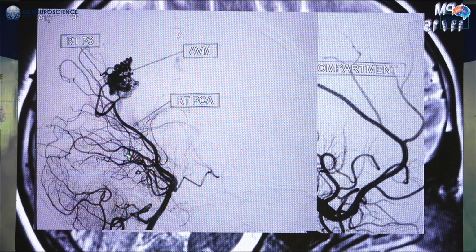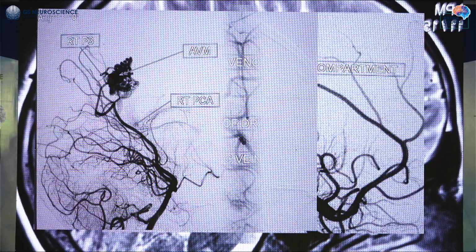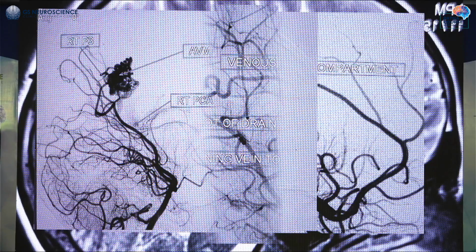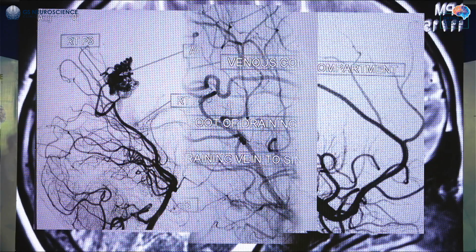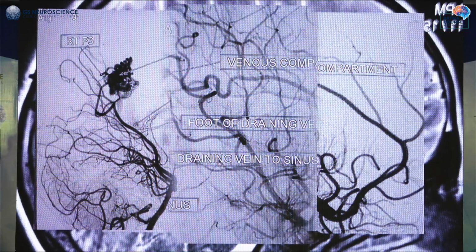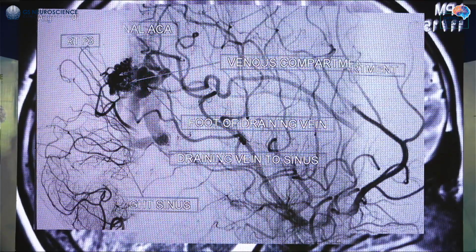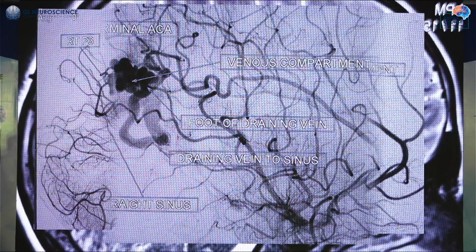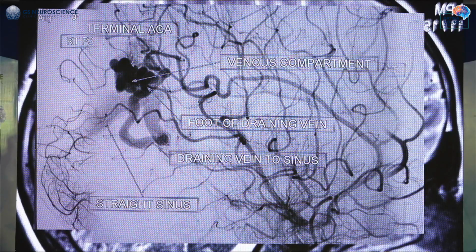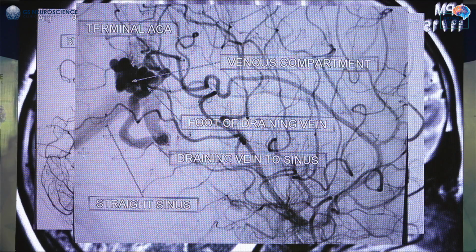This is the PCA shot. And now these are the venous part of the thing.